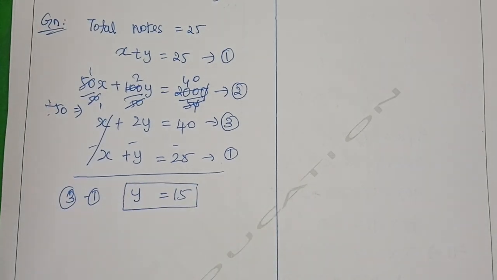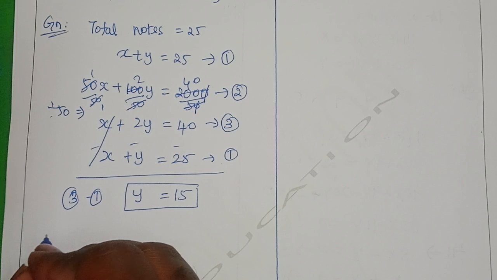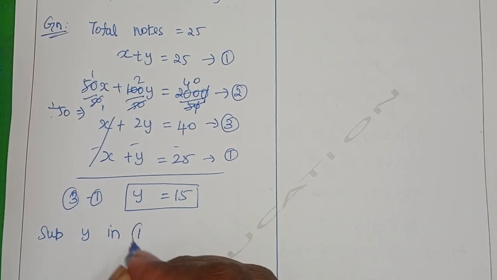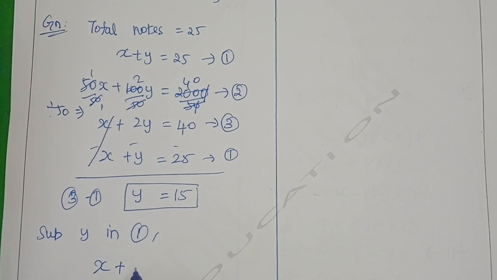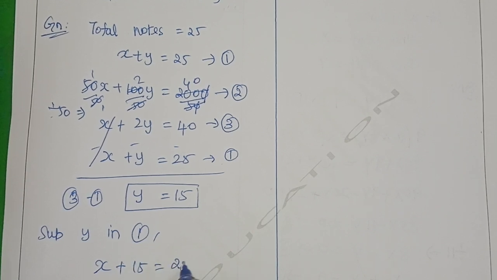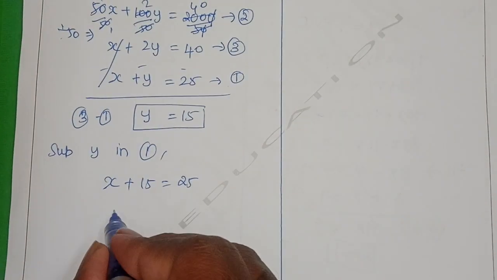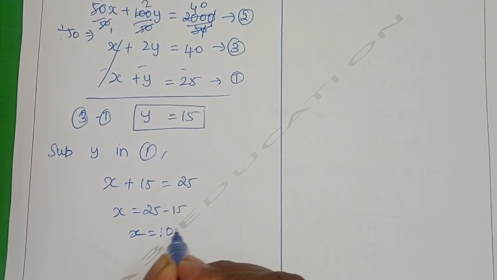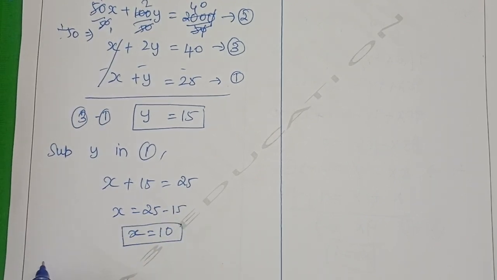It is very easy to understand. Substitute this y in any one of the equations. I will be substituting in equation number 1. x plus 15 equal to 25. Therefore, x is equal to 25 minus 15, which is x equal to 10. Therefore, we found x and y.